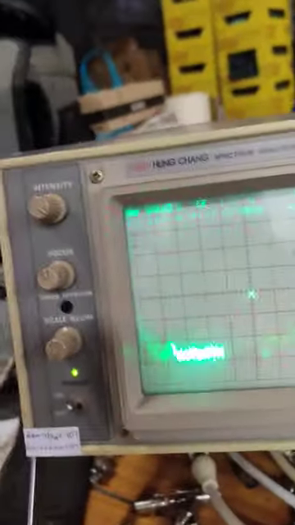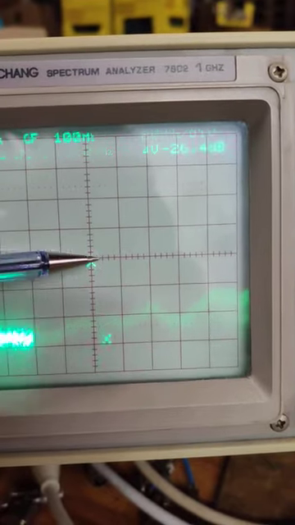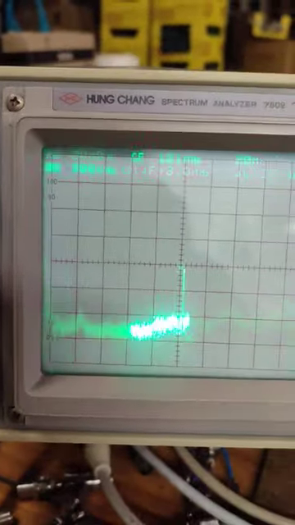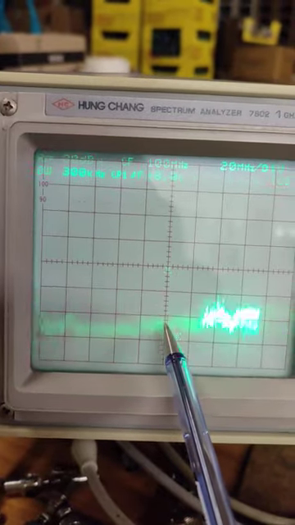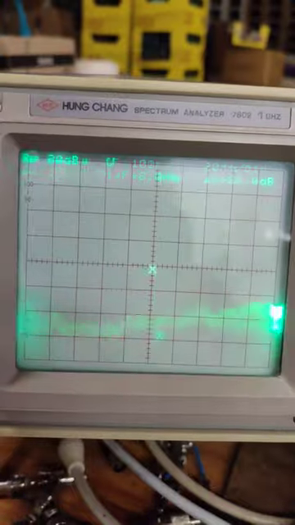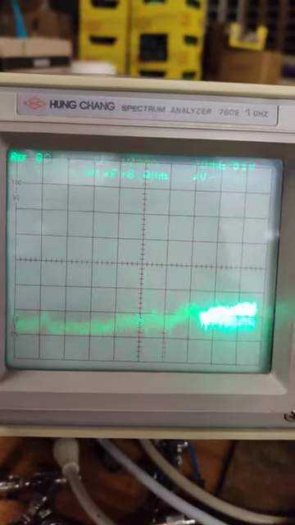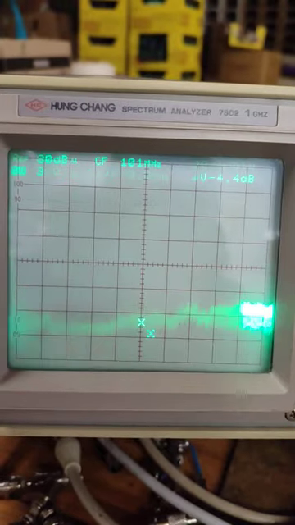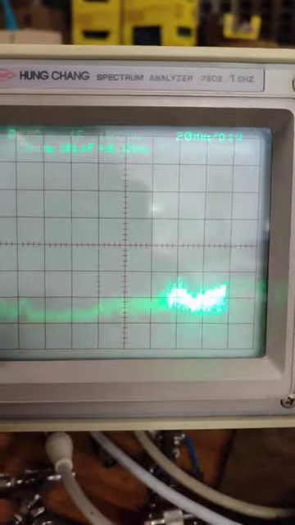Now, if you look at it, you can actually see a substantial amount of reduction. I'm just going to move that marker. Watch this marker, okay? I'm going to move it more or less to the center of the signal.